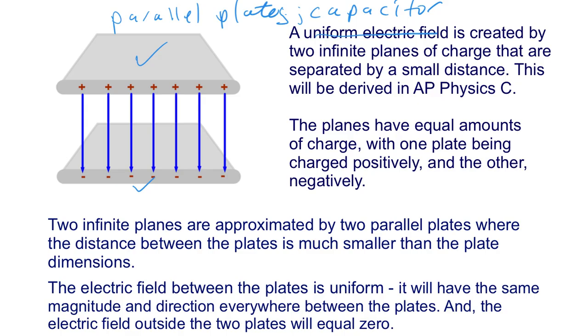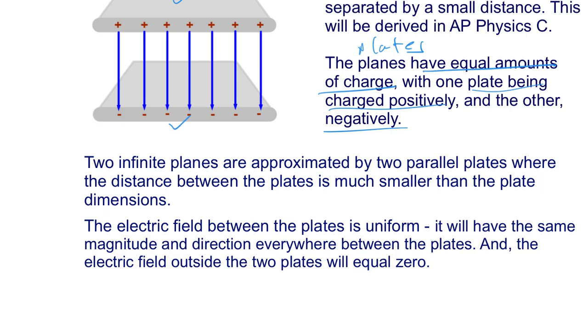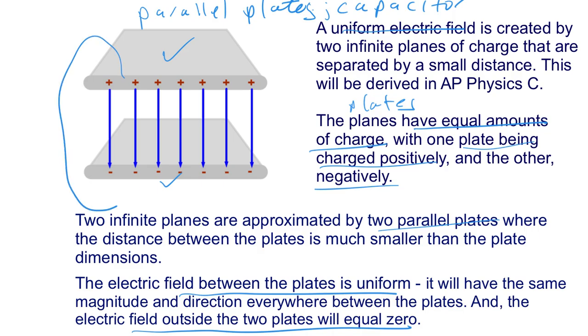Okay, the two plates always have equal amounts of charge. One's charged positive, one's charged negative. They're parallel. The electric field between the plates is uniform, but outside the plates, there will be no electric field unless it's connected by a wire.